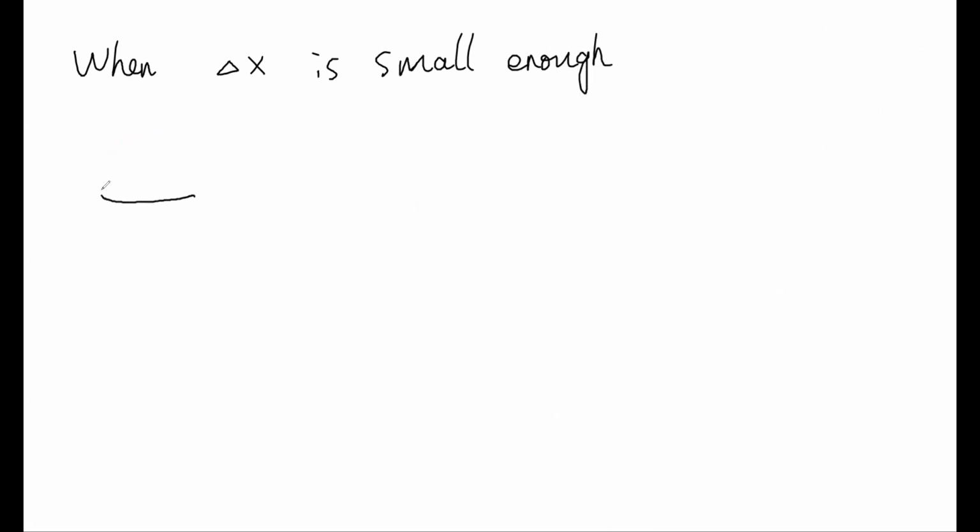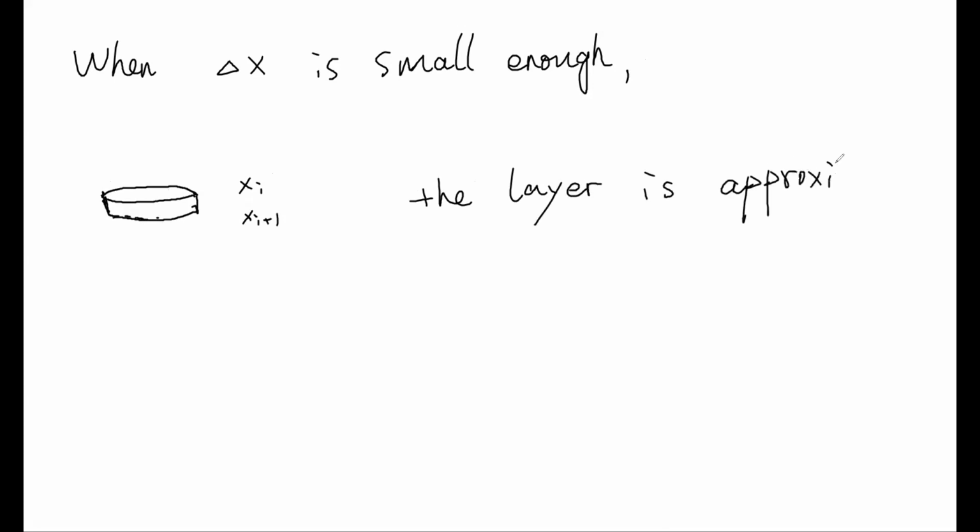If you look at this layer, between xi and xi plus 1, when delta x is small enough, then this layer, with the top at xi and the bottom at xi plus 1, is approximately a circular cylinder.